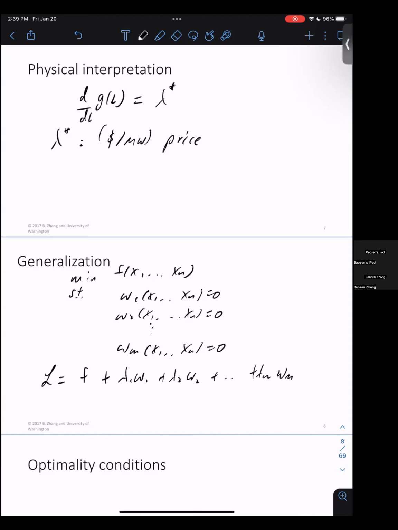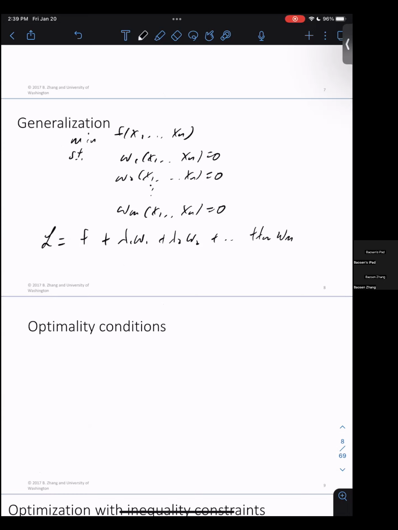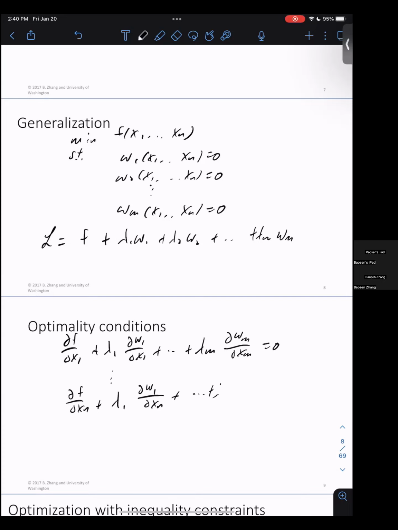So when you solve the problem, what you get is the following: x1 plus lambda 1, and so on through xn plus lambda, equal to 0, together with the constraints.